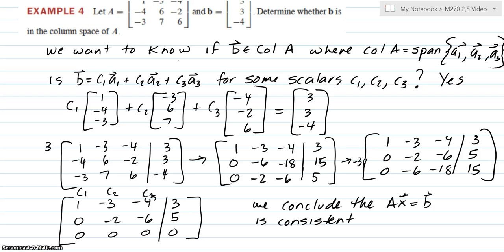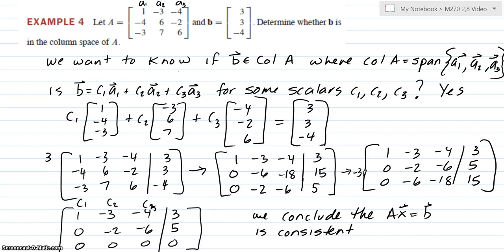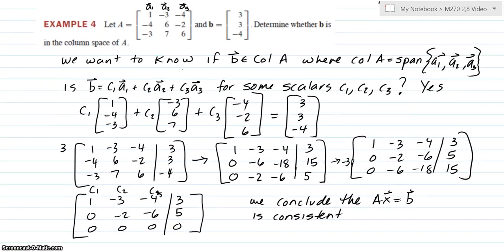So we conclude that Ax equals B is consistent. If you noticed from the get-go, this was the same matrix for the equation Ax equals B. So just another way to say it. So therefore, B is in Col A.